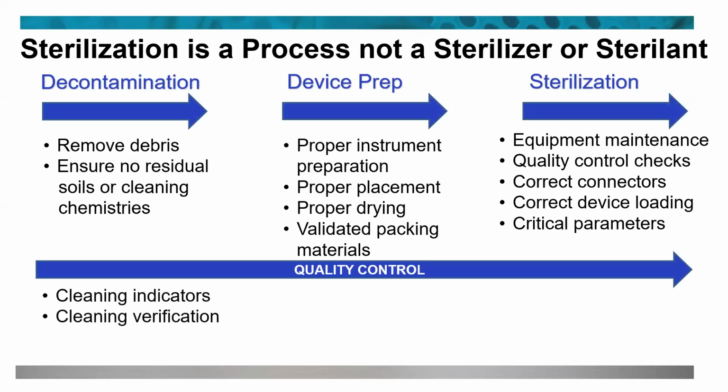When we talk about quality control, obviously we're going to look at cleaning indicators. One of the things that we talk about, or AMI talks about, is verification of the clean process. We can achieve that when we put things through the washer, because we do the daily checks on those for cleaning verification.